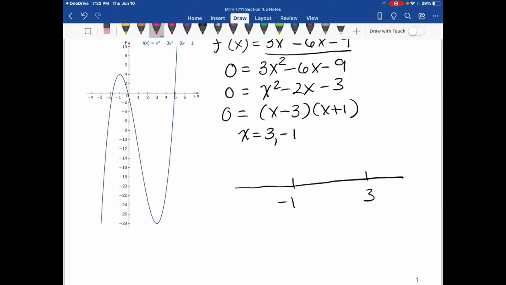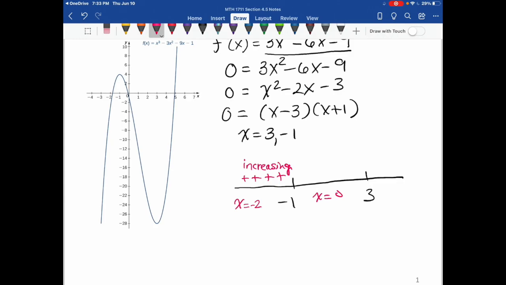Now, we pick test points. If I pick a test point on the first interval, from minus infinity up to negative 1, let's say I pick the test point x is negative 2. When I plug negative 2 into the derivative, I'm going to find that I have a positive slope at that point. So that means that f is increasing on this interval.